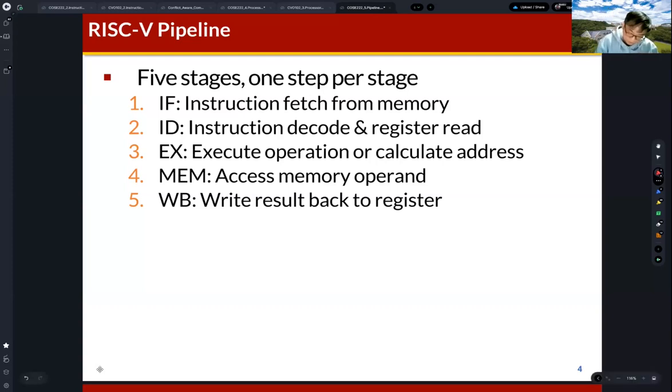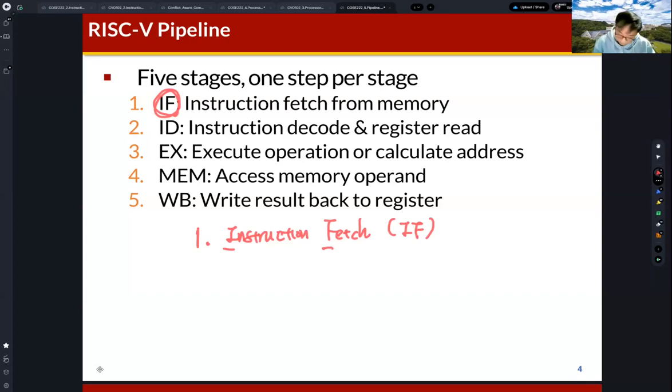The first step is instruction fetch. I frequently use IF, the abbreviation. It means that an instruction is read from the instruction memory. This is the instruction fetch.